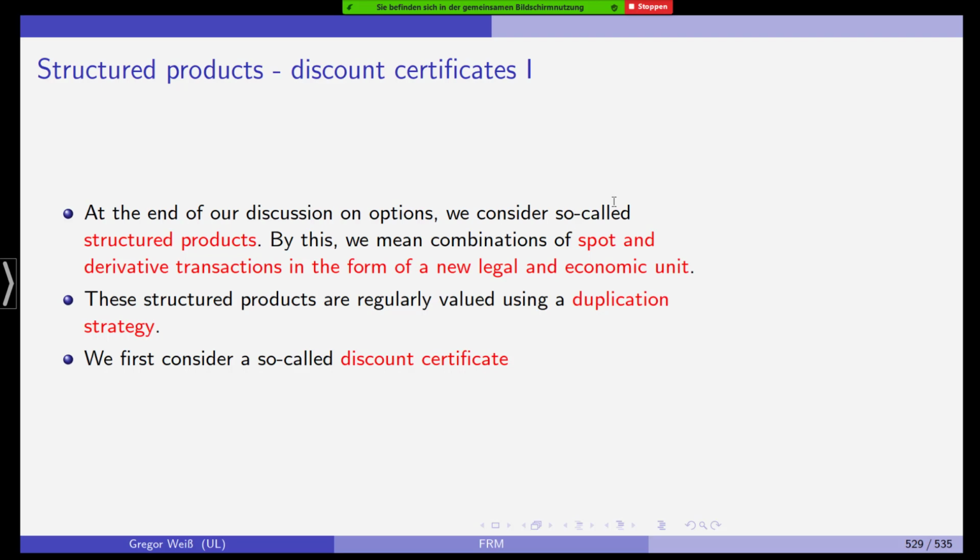The investment bank will say, we are structuring this, buying derivatives, short positions, fixed income products in wholesale, and we can offer these structured products to our customers. So by means of combinations of spot and derivative transactions, you get new financial contracts, for example via duplication.